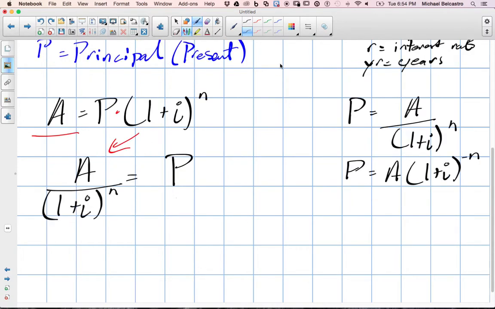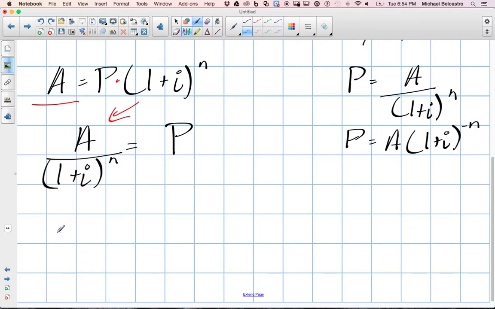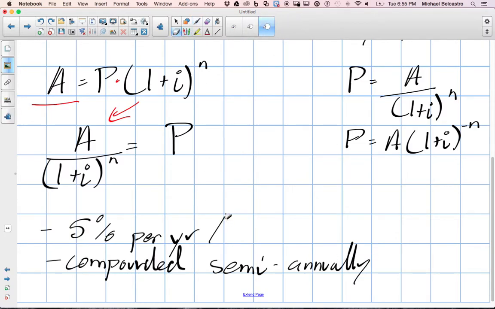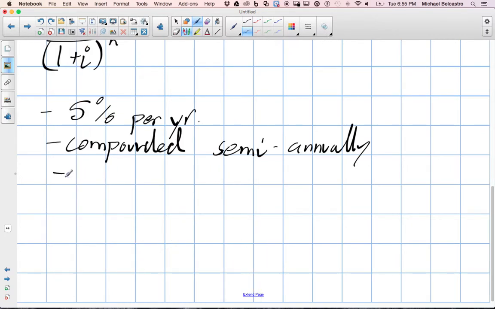And even then, we don't really have to manipulate the formula in its variable form. Let's say we have an account that gives us 5% interest per year, compounded semi-annually, and the person wants to earn $10,000 over 10 years.